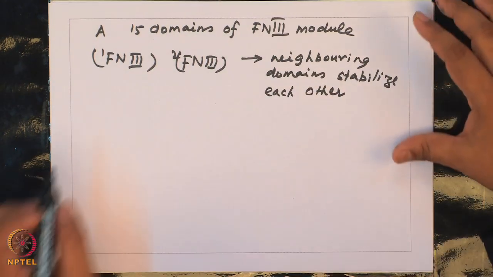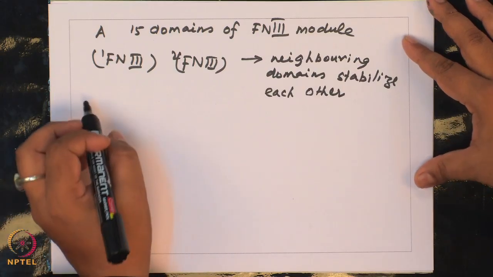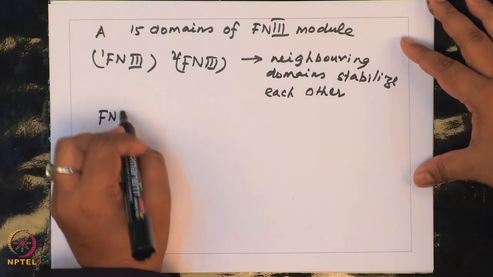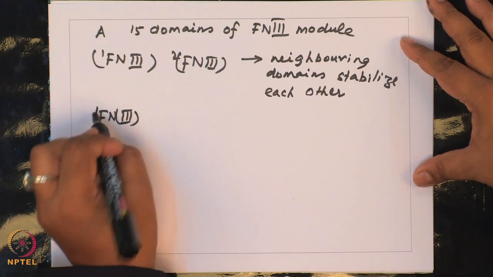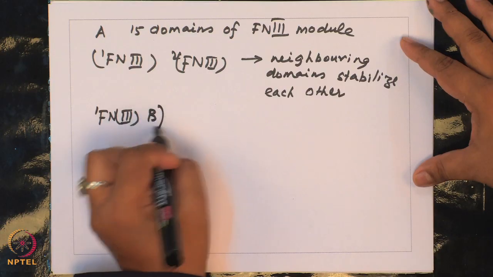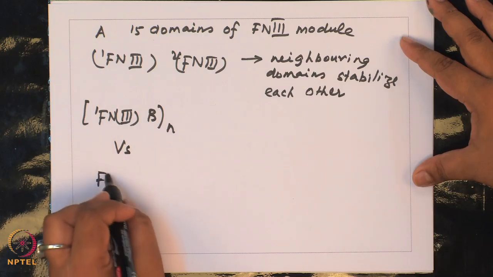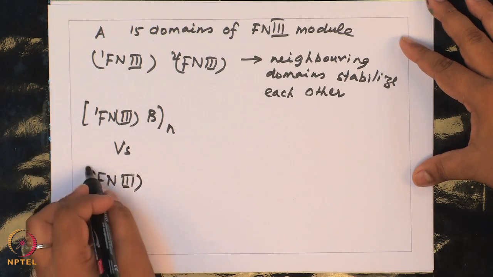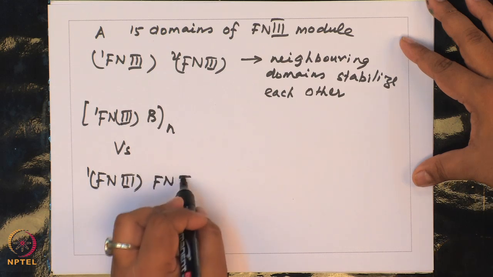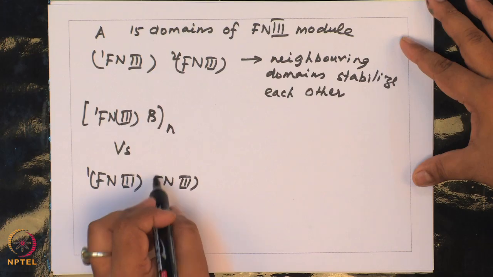In this case, what you might see, if you have a protein construct which comprises of one domain versus one of 2.